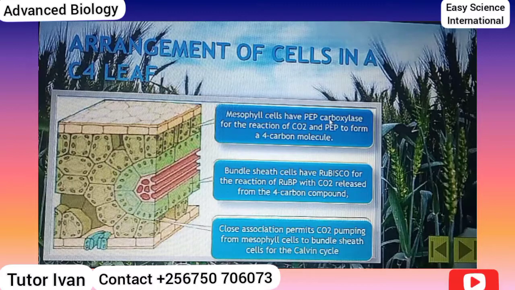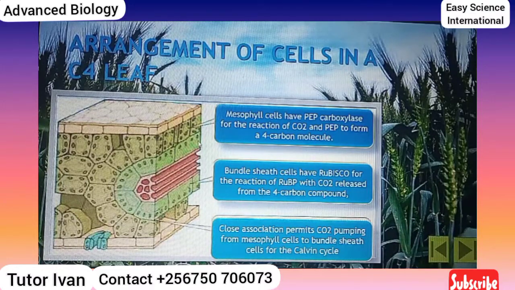PEP is phosphoenolpyruvate. This enzyme is for the reaction of carbon dioxide and PEP, phosphoenolpyruvate, to form a 4-carbon molecule that we shall look at in our next slide.